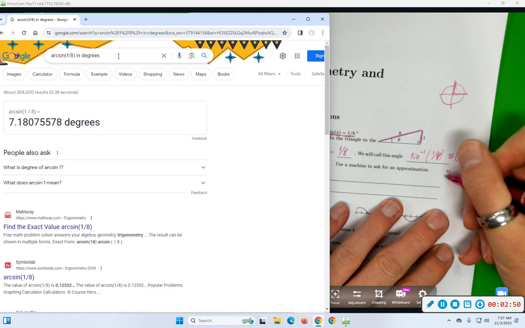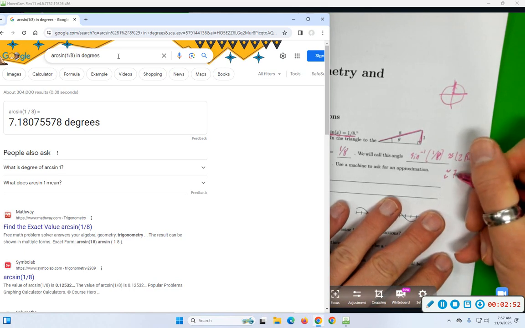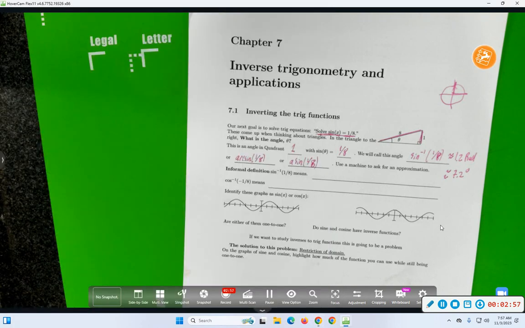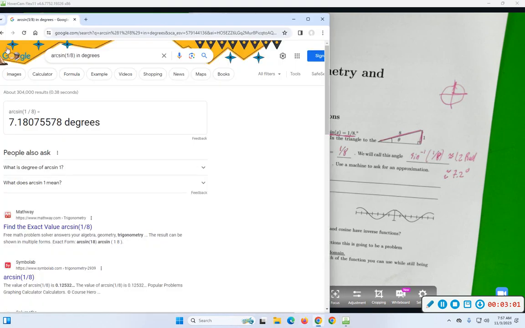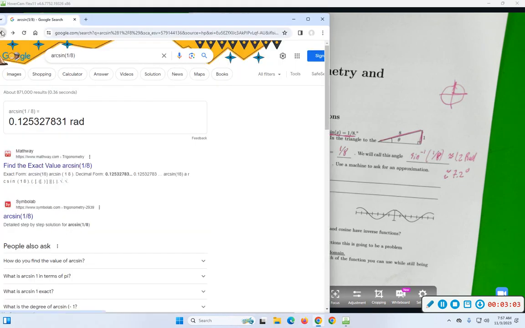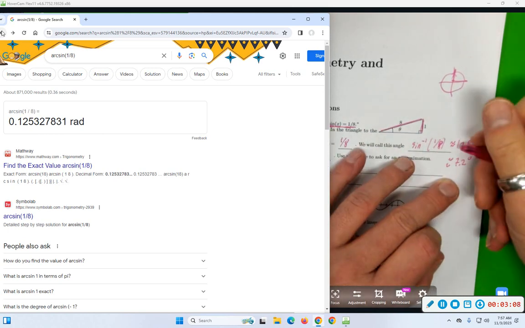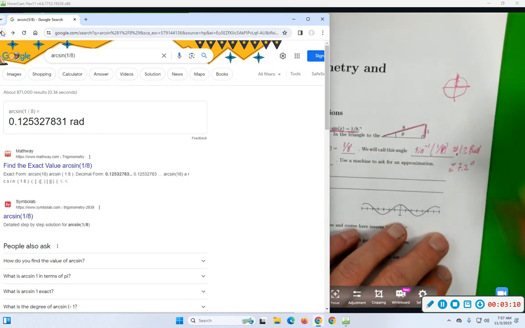Apparently that's the same as about 7.2 degrees. 1.2 radians? That's not right. I think I lost a decimal place. Yeah, 0.12. That's more like it. All right.